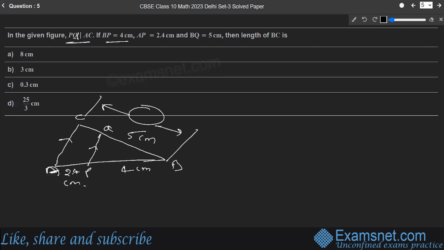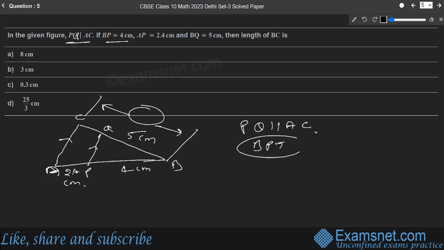Now, as you can see, this is a complete triangle ABC, where line PQ is parallel to one of the sides of triangle ABC, that is AC. So we can use the basic proportionality theorem.